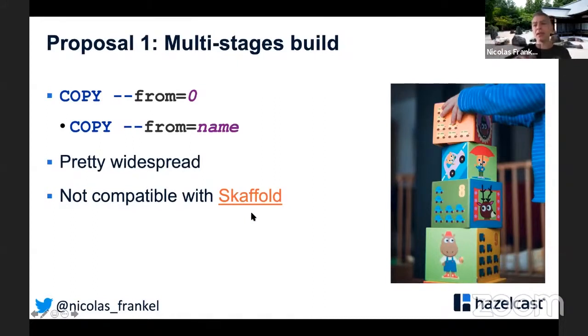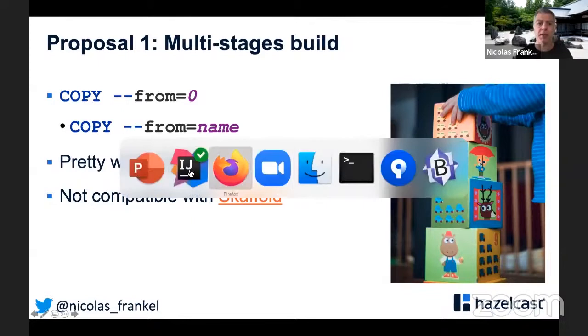Skaffold is this automatic checking of changes in your sources so that the image gets rebuilt automatically and deployed to a Kubernetes cluster. In general, you do it on your local machine. You use Minikube or K3s or whatever. And every time you do a change, then it gets redeployed automatically. And unfortunately, this is not compatible with Skaffold.